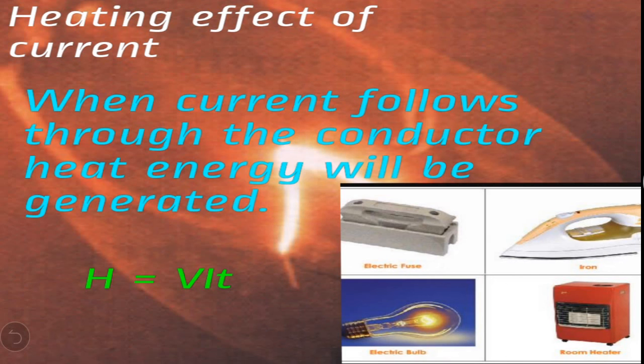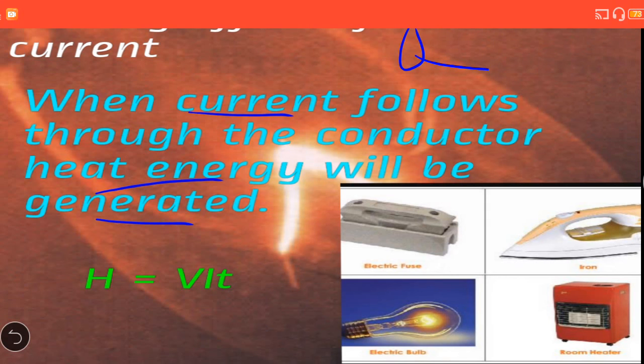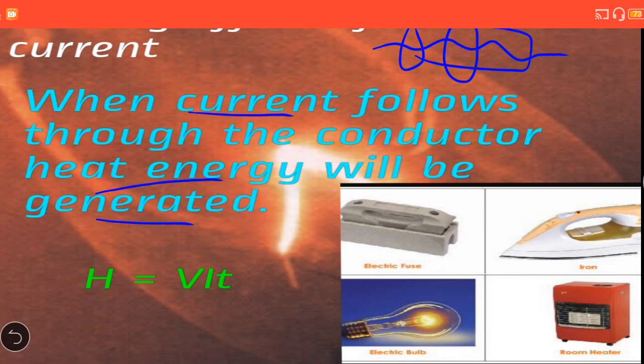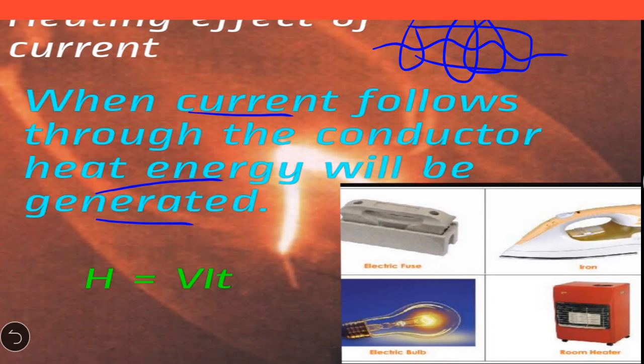Okay, here we have the heating effect of current. What does this heating effect of current mean? When current flows through a conductor, heat energy will be generated. In a conductor you can see when current is flowing, heat energy will be generated around it. Okay, so how to calculate?